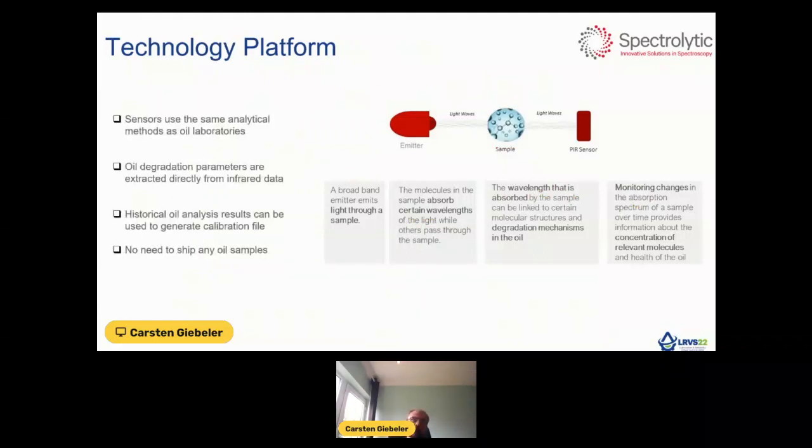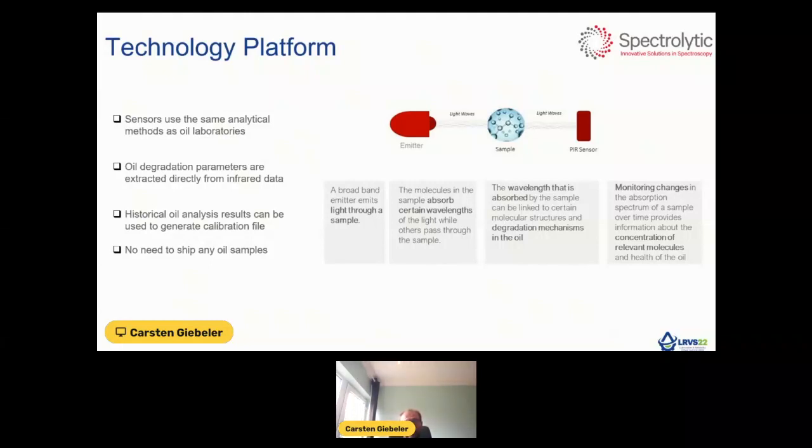The way our sensors work is based on mid-infrared spectroscopy. We have developed a spectrometer platform that has no moving parts and is completely robust. Mid-infrared is also the tool that is used in oil laboratories, and therefore we use exactly the same analytical methods in our sensors to analyze the oils.